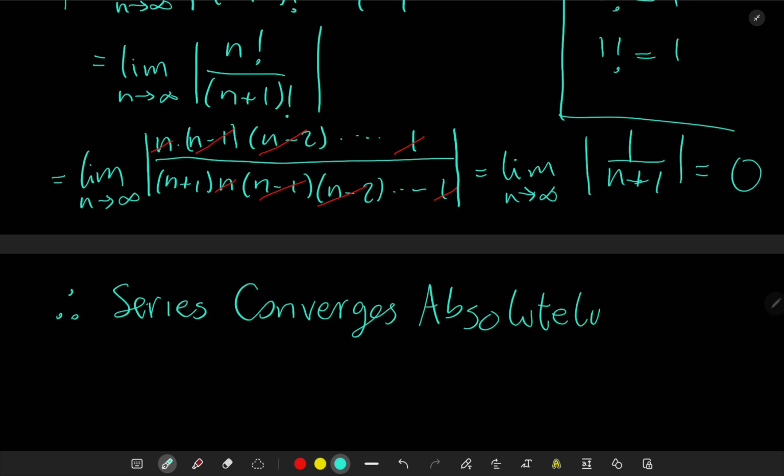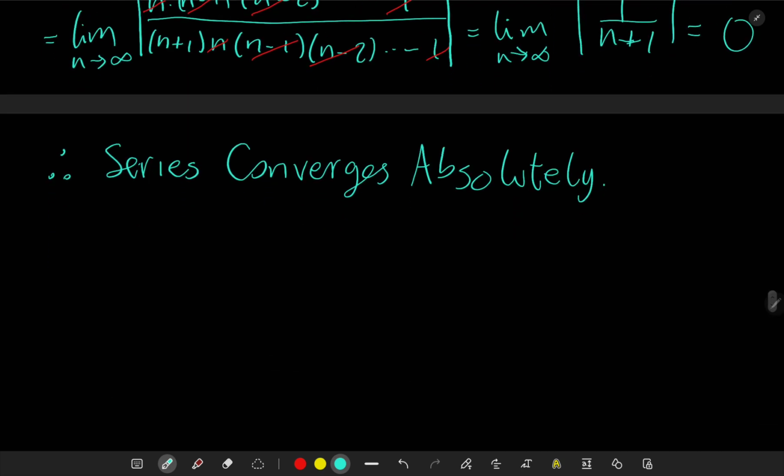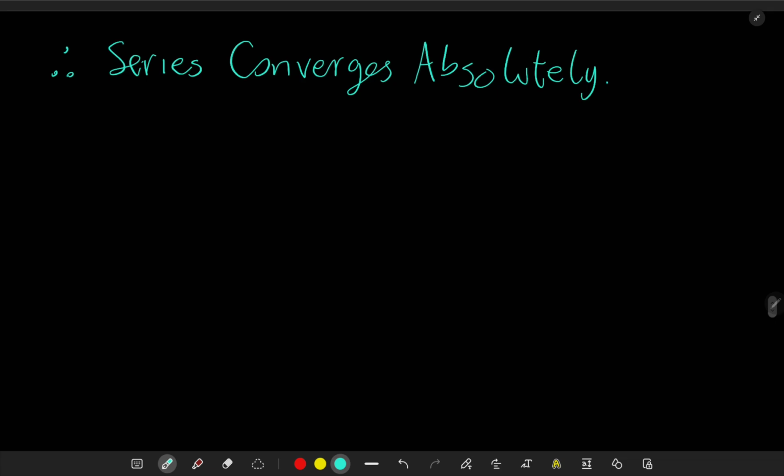I don't know where the diverges came from, but definitely wrong. Converges absolutely. All right, so all those are going to be more or less the same. The limits will vary quite a bit, and you're going to have to deal with factorials. Now, the ratio test is especially good at dealing with powers and factorials.